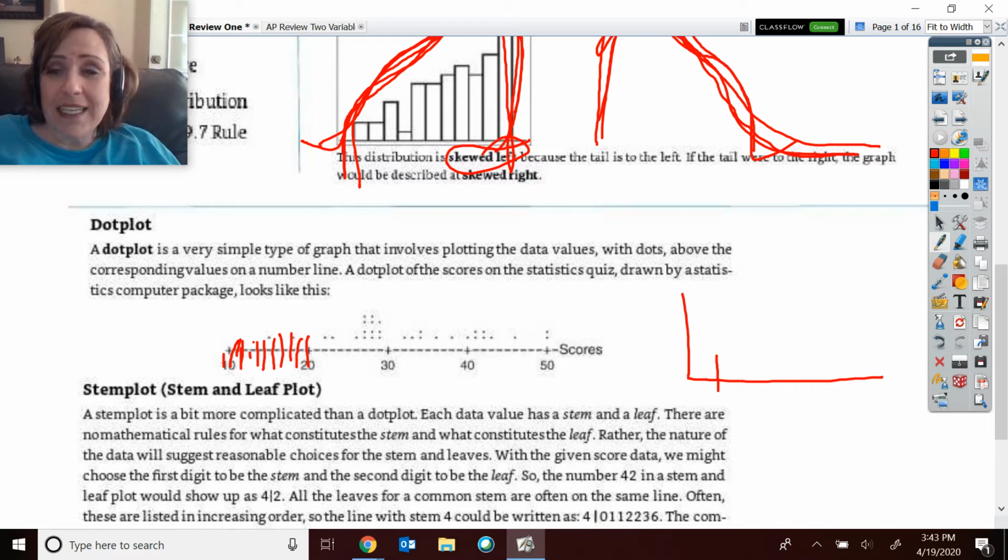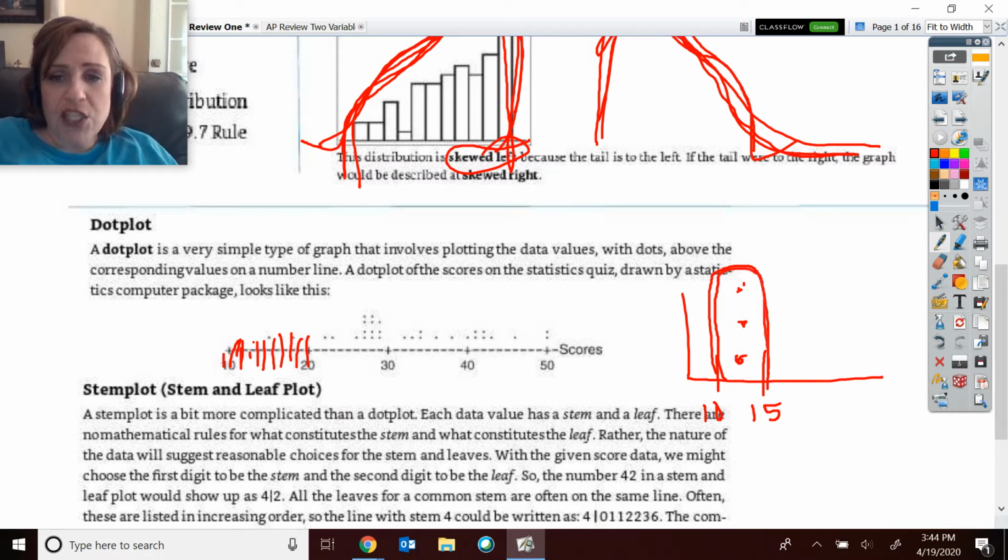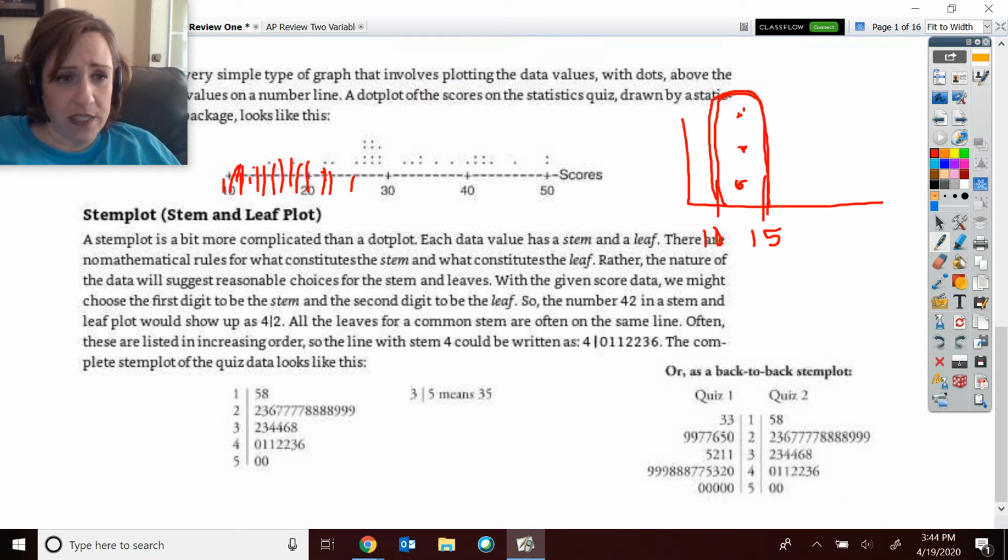And I think technically that's not really a dot plot. When we put them into bins, that's because these numbers go from like 10 to 15. That's really just using dots to put them into our bins, which would be making a histogram. Dot plots technically allow you to determine that individual piece of data. So I can identify every piece of individual data.